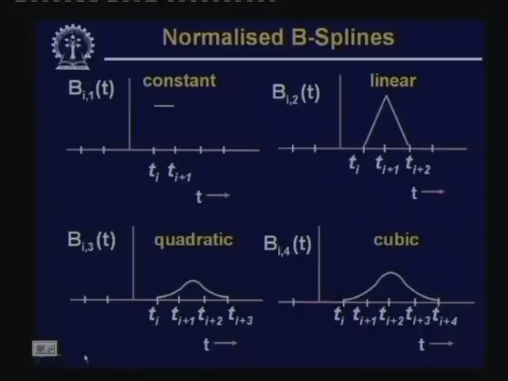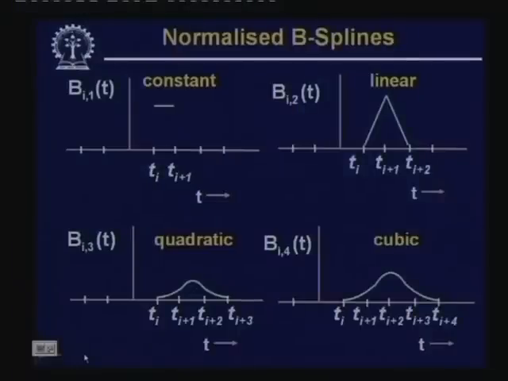And we have said in the last class, so here you find that the region of support for b i 1 is just one sample interval. For b i 2 the region of support is 2 sample intervals, for b i 3 it is 3 sample intervals, and for b i 4 it is 4 sample intervals.